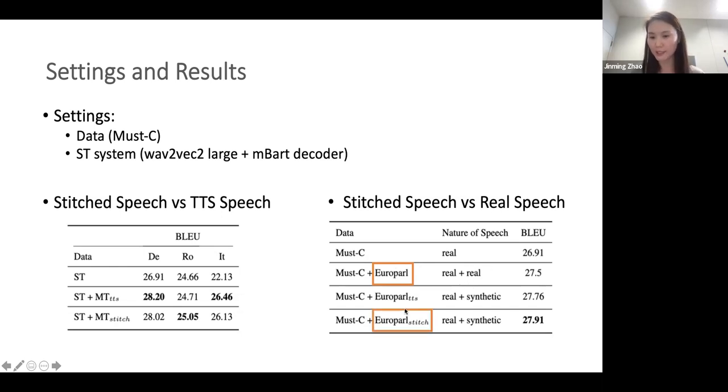This row refers to the setting where we convert the transcripts of Europarl to synthetic speech. And these are the results. It was quite surprising to us that our stitched speech even works better than real speech.